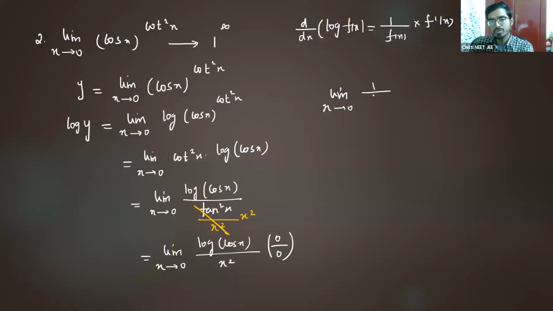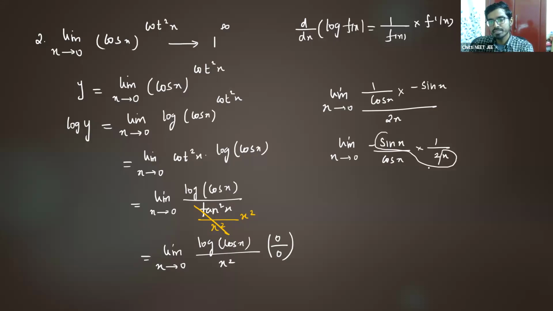Your f of x is cos x, so 1 by cos x into d by dx of cos x, which is minus sin x, whole divided by d by dx of x square, which is 2x. So we have limit x tending to 0, minus sin x by cos x into 1 by 2x.